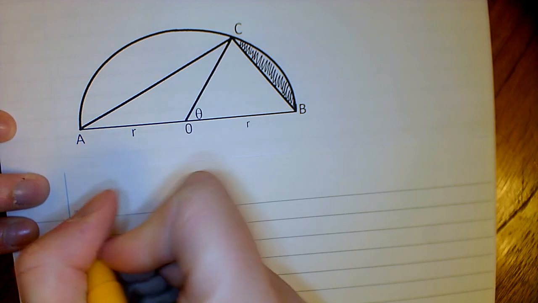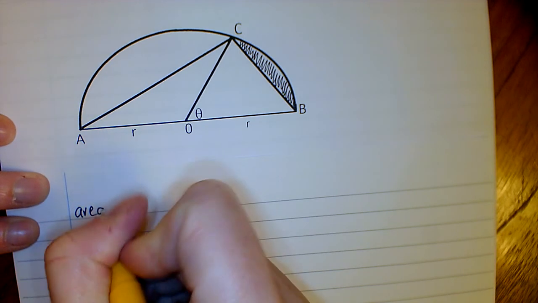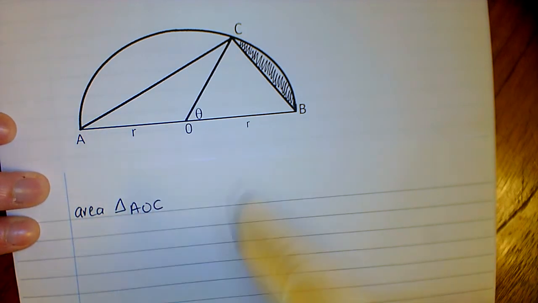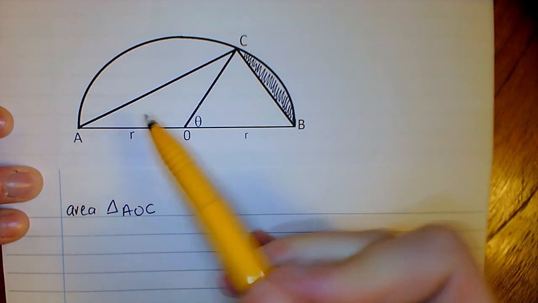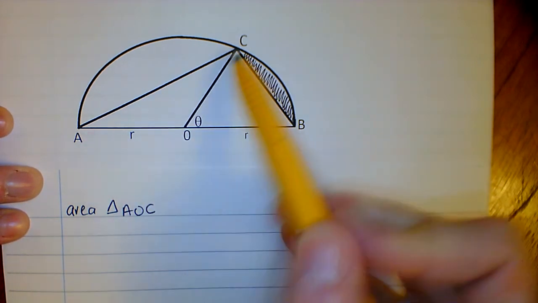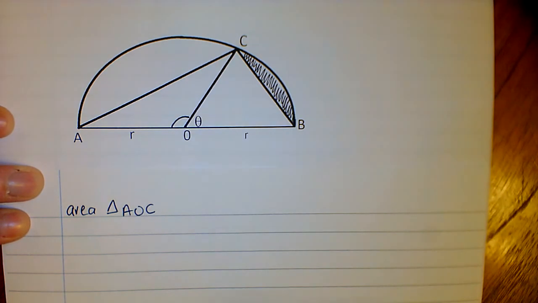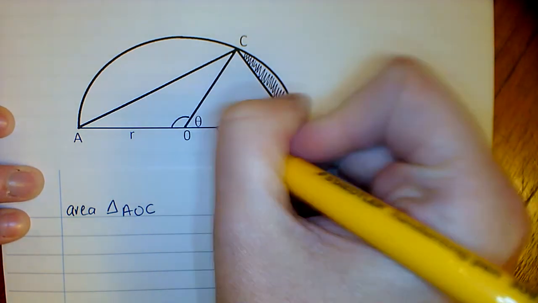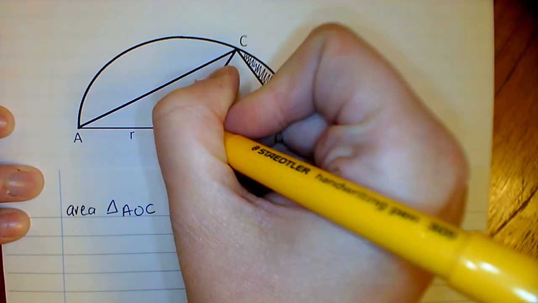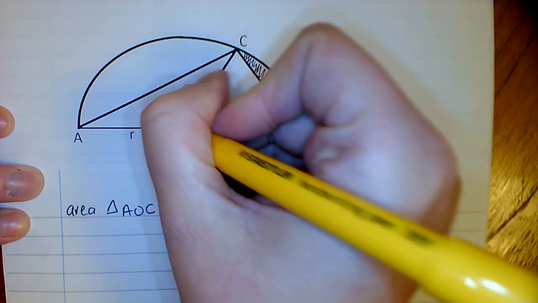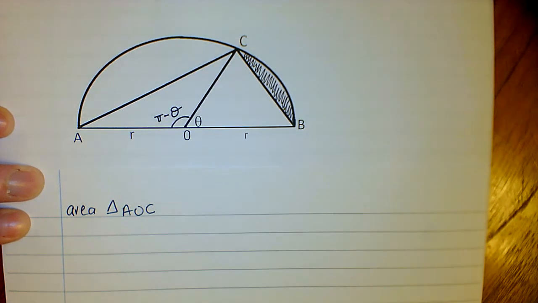Okay, so the first thing we'll do is find the area of triangle AOC. So that's this triangle in here. So the first thing we're going to need to do is find that angle. Remember, this has to add up to 180, or pi, so we're going to call this angle here pi minus theta.